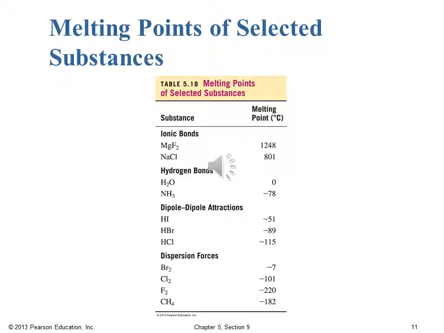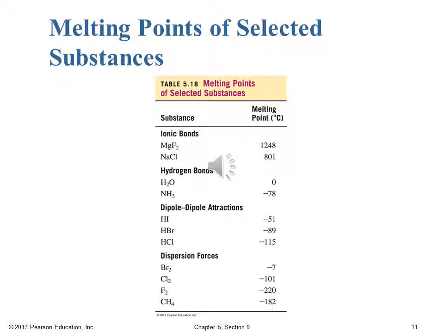As we look down, again, bromine has a melting point above that of NH3 and HI, HBr, and HCl for that matter, because it's a big molecule and it has pretty significant dispersion forces that can build up because of that large electron cloud.